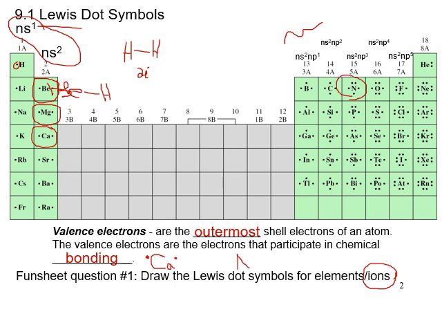When it forms a nitride anion, it gains 3 electrons. It came in with 5 electrons by itself, but say it forms a compound with something else, it is now going to gain electrons from that other atom. And since it gains 3 electrons, it becomes nitride, N3-. This would be your Lewis dot symbol for nitride.